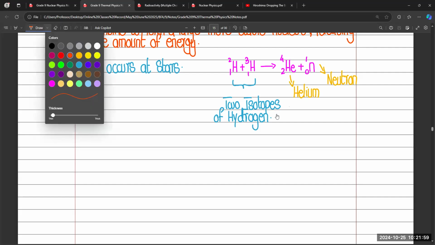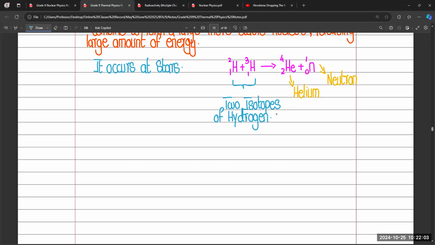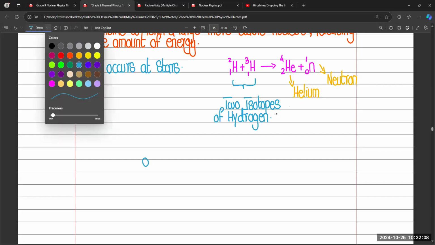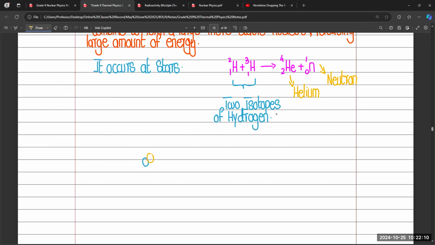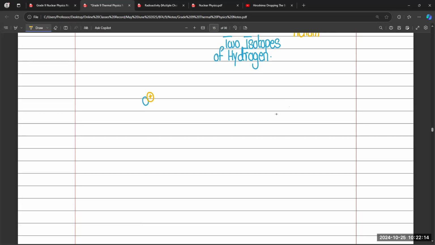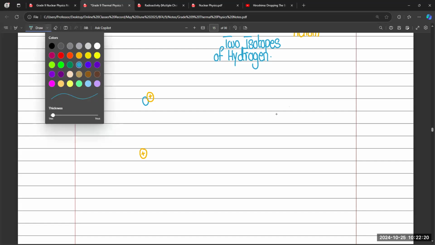In this, we can say we have one isotope, for example, with one neutron and one proton, and the other element consists of again one proton but two neutrons.